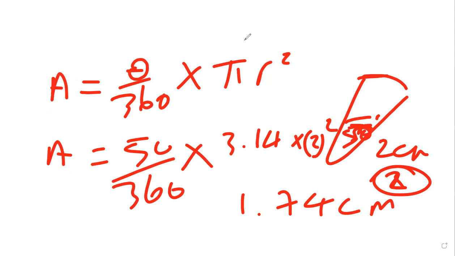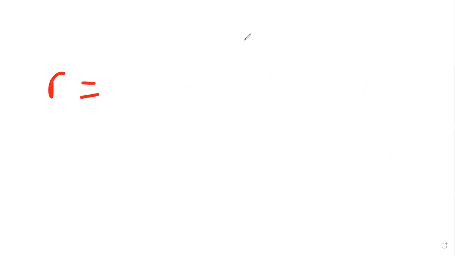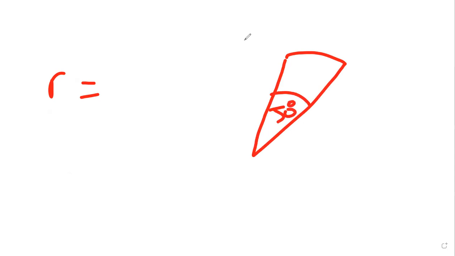All right, so let's say we have the same problem. But this time we want to find the radius of the sector. So we have the same sector. Well, let me draw this a little bit better. I have 50 degrees right here. But we don't know what our radius is.